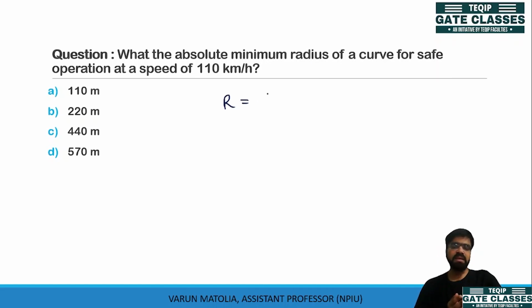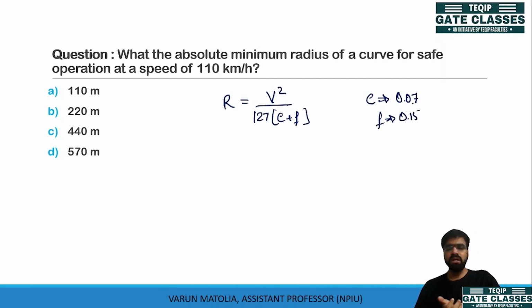So we can write the formula as 127 V square by 127 (E plus F). We can assume the maximum E value for a plain terrain, and the F value we know, 0.15, for the lateral friction coefficient. We can put these values and check whether any option matches with our solution.